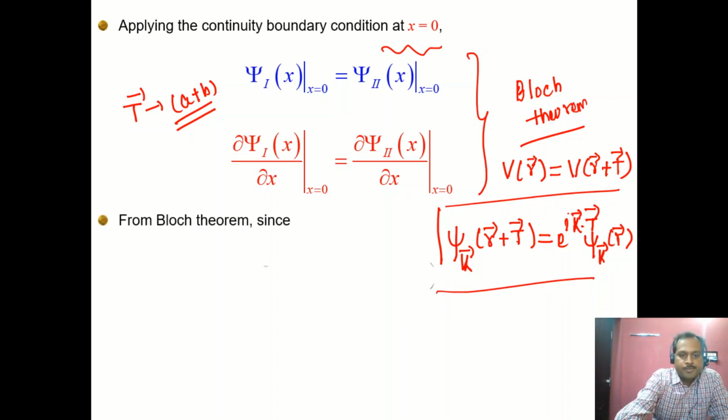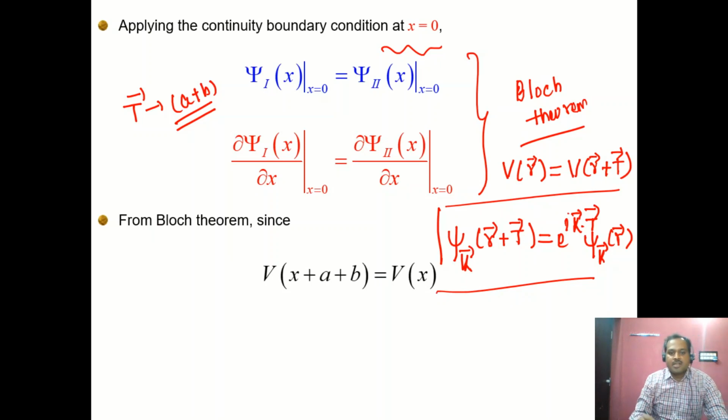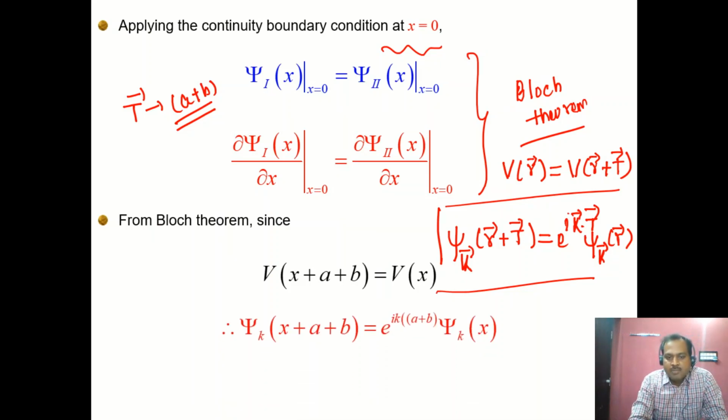So if you do that, in this case we are having V(x plus a plus b) equal to V(x). So psi k of x plus a plus b will be equal to e to the power i k (a plus b) psi k of x. Since it is one dimension, it will be simply e to the power i k (a plus b), because T is a vector in 3 dimensions, but along the x axis it is having only 1 dimension, so it is a scalar.